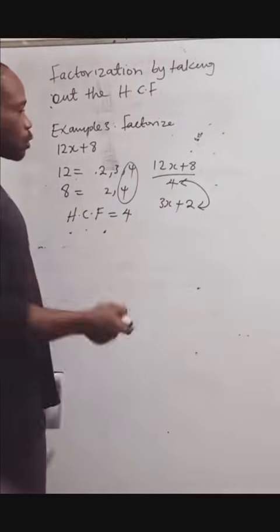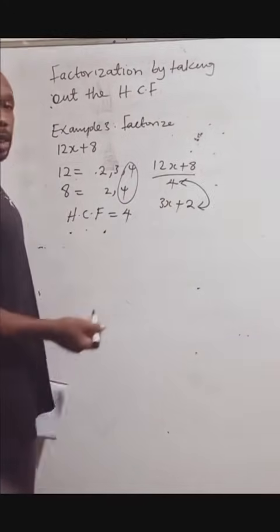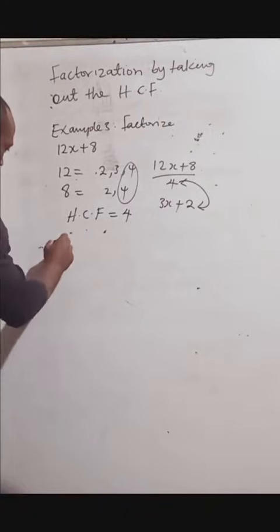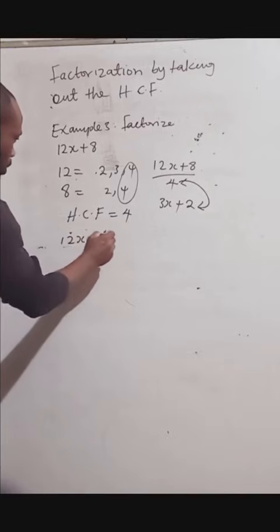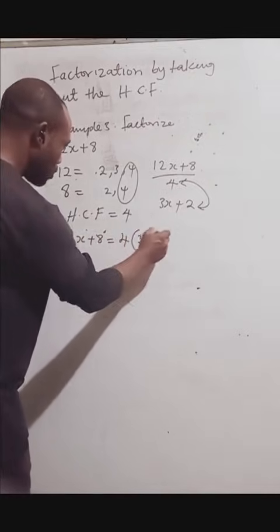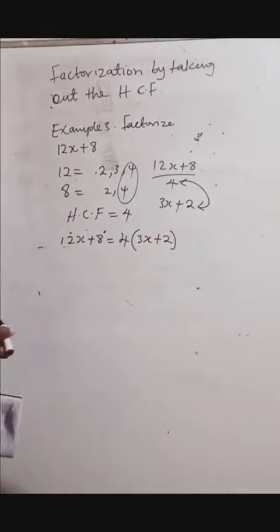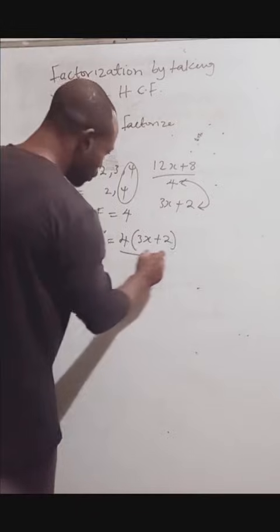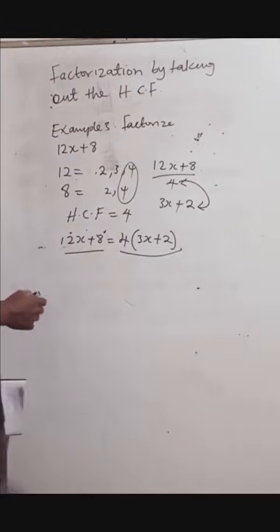In other words, we are going to use 4 to multiply 3x plus 2. Therefore, 12x plus 8 is equal to 4 multiplied by 3x plus 2. Can you see it? So now this is the simplest version of this value here.